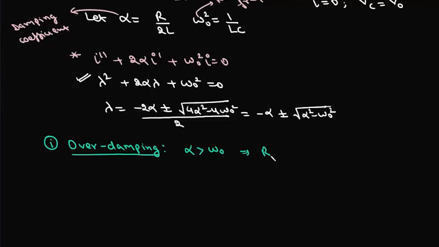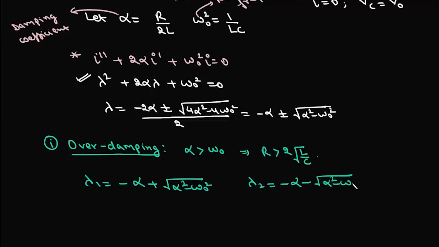So we can also write, when R is greater than twice under root of L upon C, we'll have two distinct roots. Lambda 1, which is minus alpha plus under root of alpha square minus omega naught square, and lambda 2, which is minus alpha minus under root of alpha square minus omega naught square.